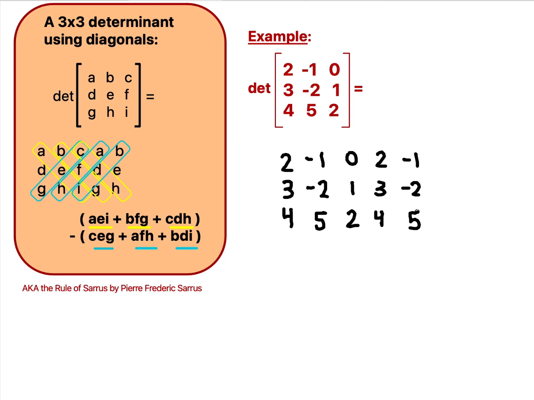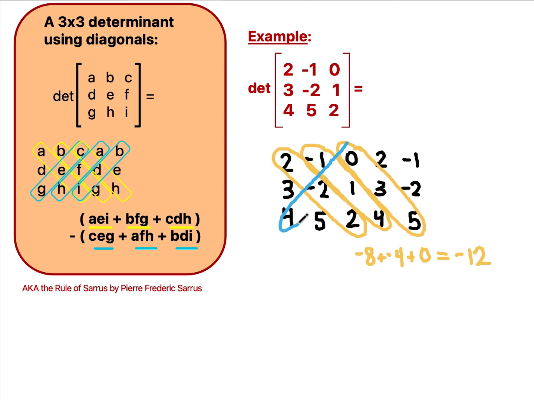Because what I'm going to actually do is I'm going to start looking at the diagonals. In fact, we're going to probably call this the diagonals method. And we're going to multiply these 3 together. And multiply these 3 together. And multiply these 3 together. And add them all up. Fun. Now, we're going to do the other 3 diagonals.